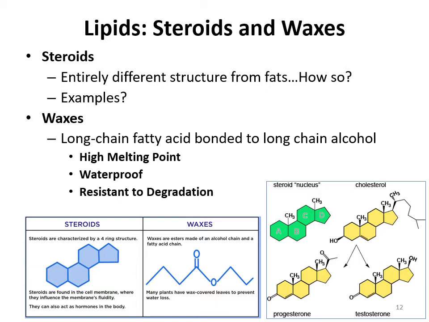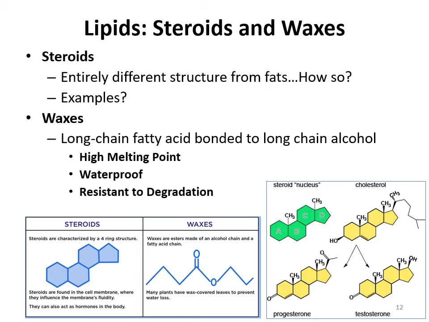Lipids also include steroids and waxes, and usually when you hear steroids, you think of the drugs. But what we focus on in terms of steroids is the fact that when you see steroid structure, like here and like over here, steroids, notice, they look very different from the other lipids that we've seen.